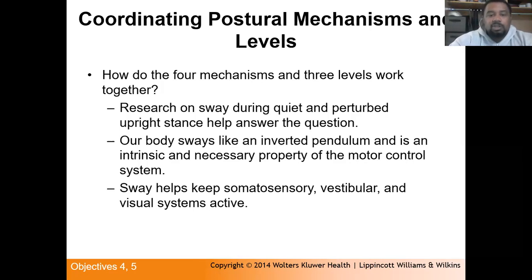Research on sway during quiet and perturbed upright stance helps answer the question. Our body sways like an inverted pendulum, and it is an intrinsic and necessary property of the motor control system. Sway helps keep somatosensory, vestibular, and visual systems active.